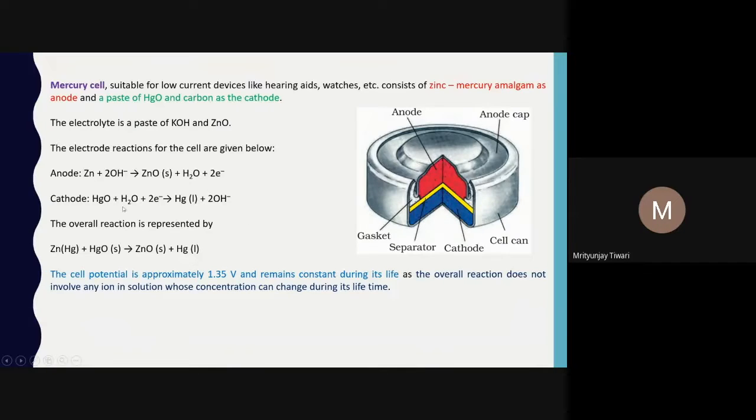If you add these two reactions, the net reaction: the 2OH minus ions will be cancelled, and the 2 electrons will be cancelled. So the net reaction is Zn, mostly as mercury amalgam, but the mercury does not go into the reaction. I removed it here as well, but it is mostly zinc plus HgO giving ZnO solid plus Hg.